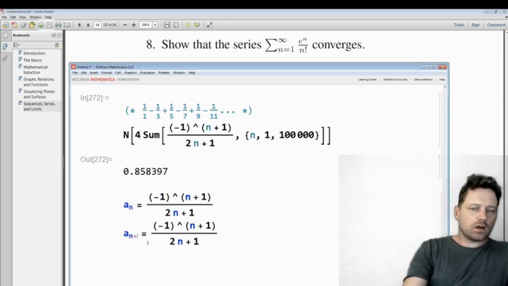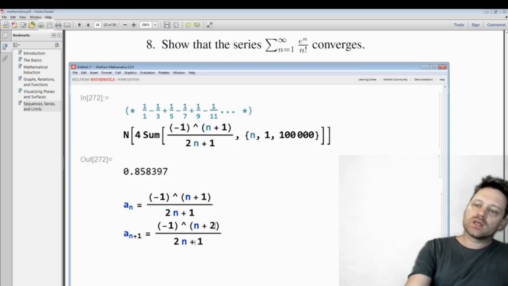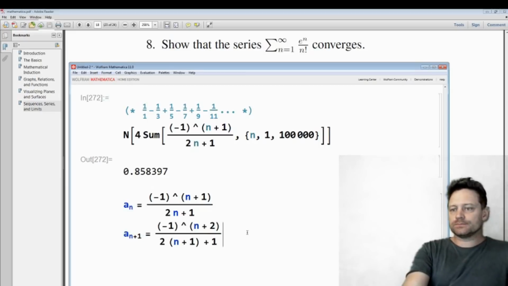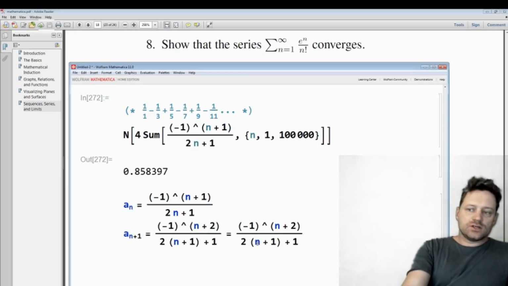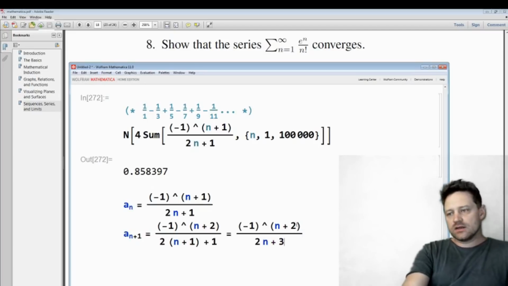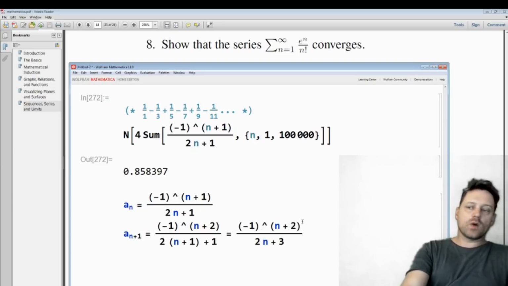Now what about a_(n+1)? Well, we add 1 to the n, so we end up with n plus 2, and then if we add 1 to this n, this is simply equal to 2n plus 3 in the denominator. And the numerator is minus 1 to the n times minus 1 squared, but minus 1 squared is just 1, so I can get rid of this.